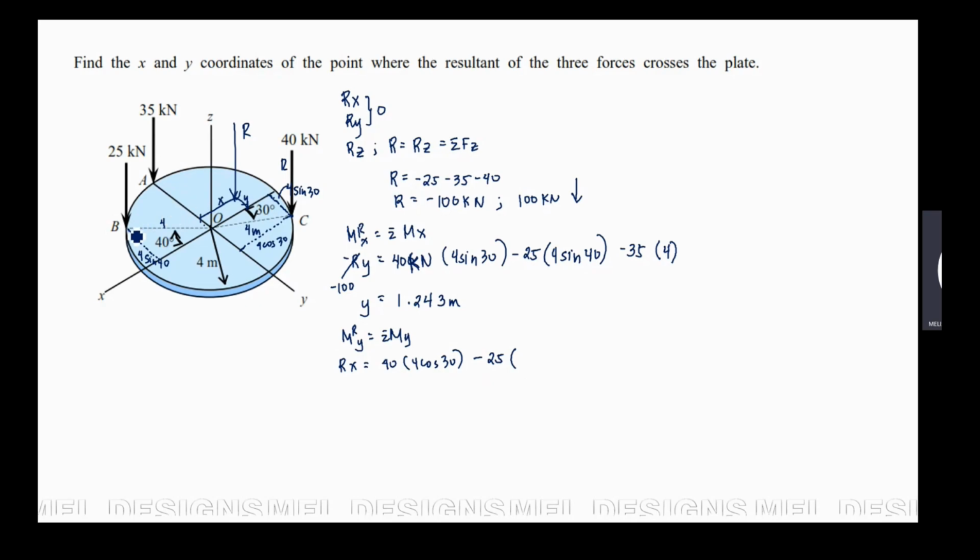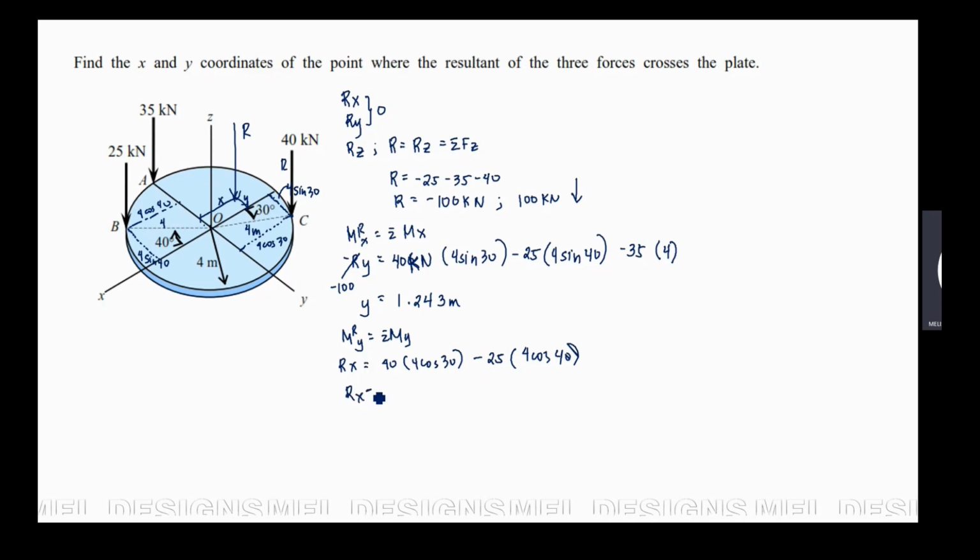So, ito yung distance na to. So, this is equal to 4 cosine of 40. Next, for the 35. Okay, so nag-moment tayo sa y and it is along the y-axis. Therefore, it is equal to 0.